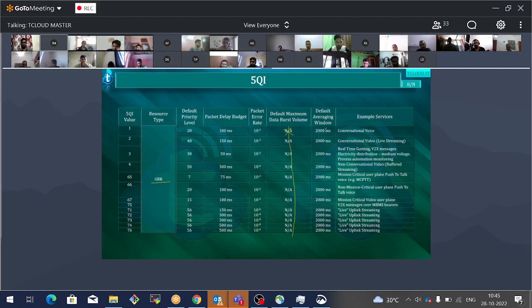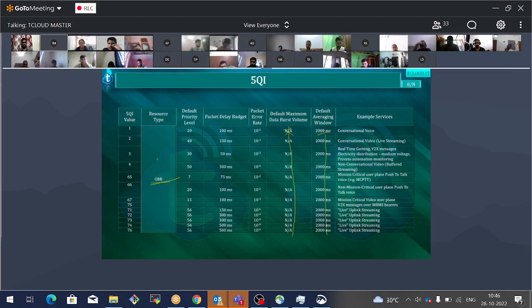What is the default averaging window? 2000 milliseconds in all these cases. That means whatever the data rate that is promised, you have to achieve it in every 2000 milliseconds. You have to send that much amount of traffic.